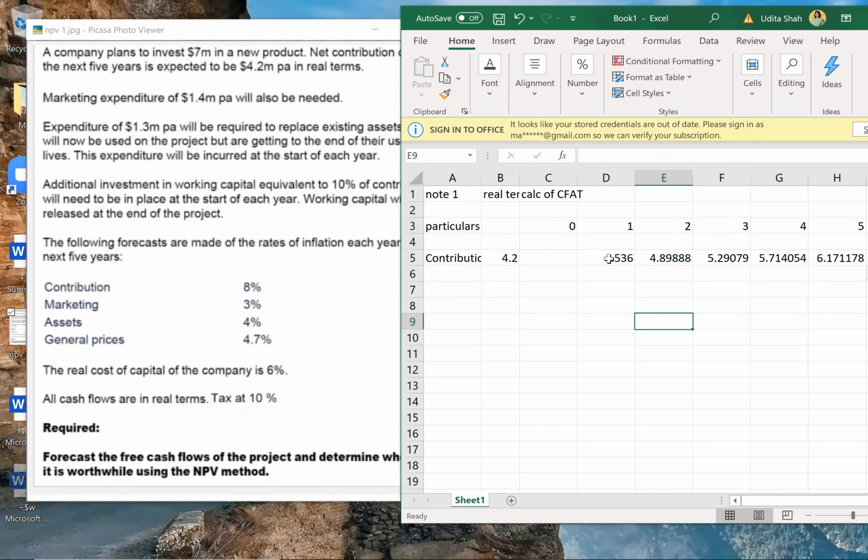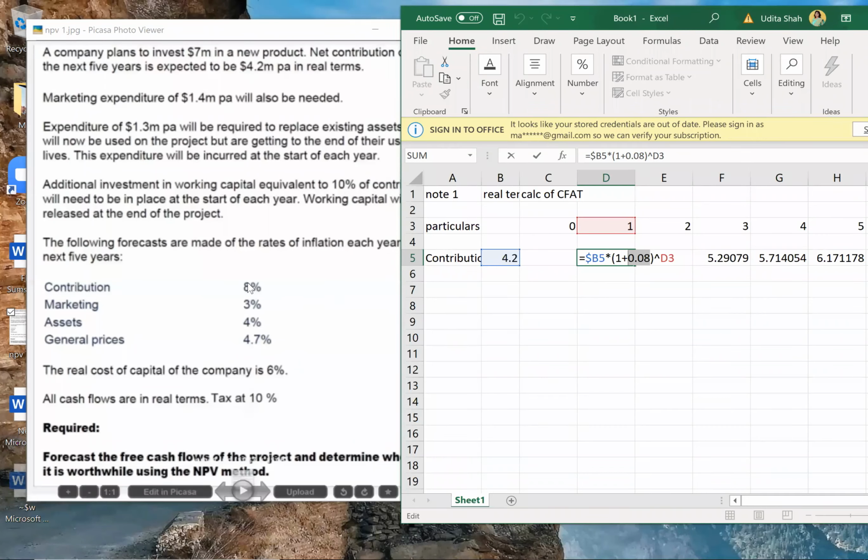See if I understood this. I'll do it once again. 4.2 was in real terms. I don't want contribution in real terms. I want contribution in inflated terms. So what I'm going to do, 4.2 into inflation, but I cannot just directly do inflation. So what is my formula? Into 1 plus I raised to n. So that's what I'm doing. What is the inflation rate? Take it for contribution. They have given many inflation rates.